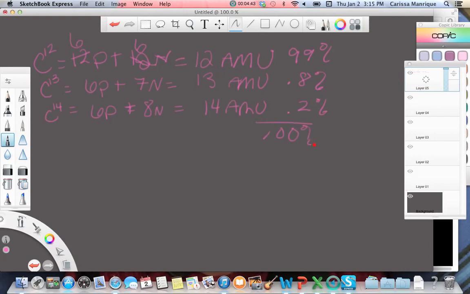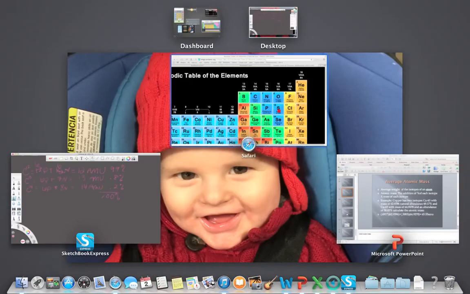So when we average it with the weights, we can't just say, oh, 12 plus 13 plus 14, add them together, divide by 3, because that means they all have the same abundance on Earth. Instead we multiply carbon 12 by its 99%, carbon 13 by its percentage, carbon 14 by its percentage, and add those together. That's the mass you actually see on the periodic table.